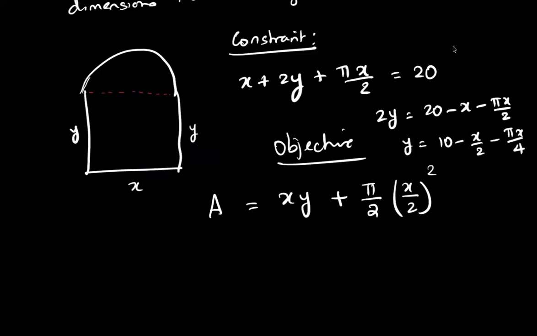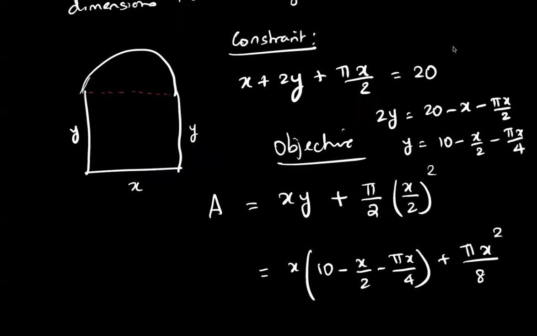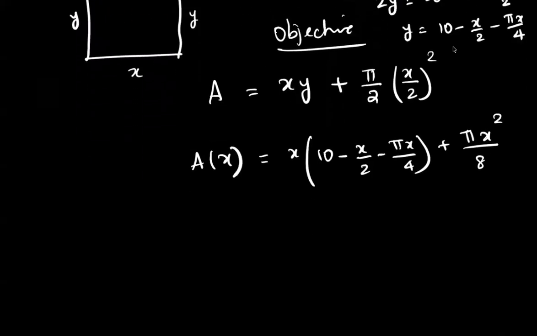Okay. So now I'm going to take that and substitute: x times 10 minus x over 2 minus pi x over 4, plus pi x squared over 8. That is my area function in terms of x. If I want, I can distribute it: 10x minus x squared over 2 minus pi x squared over 4 plus pi x squared over 8.